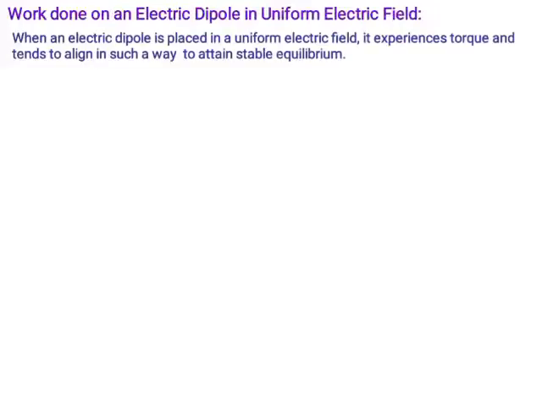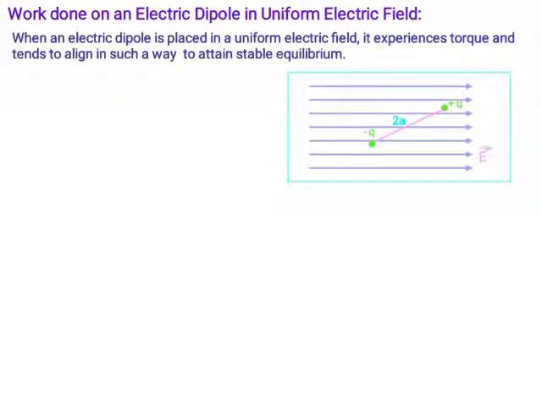Now, work done on an electric dipole in a uniform electric field. When an electric dipole is placed in a uniform electric field, it experiences torque and tends to align in such a way as to attain stable equilibrium. Just carefully see the diagram.